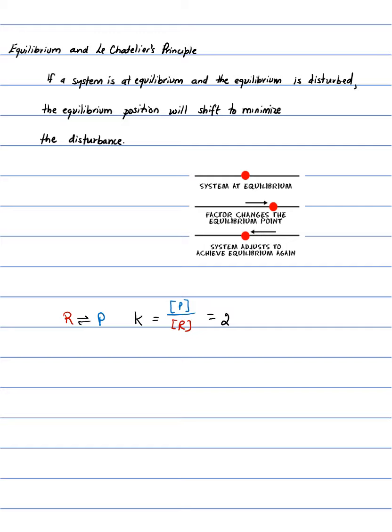Now let's say that I'm going to add more reactant to my reaction flask. You have a flask containing the reactant and the product that is being formed, and the concentrations are all at equilibrium. Okay? So I'm going to add more reactant.